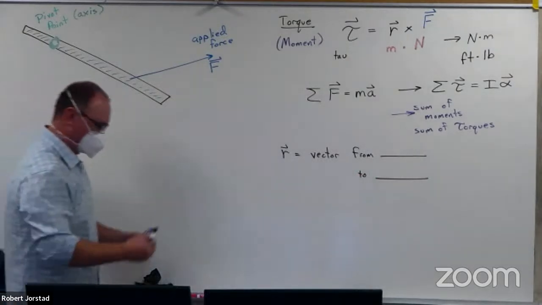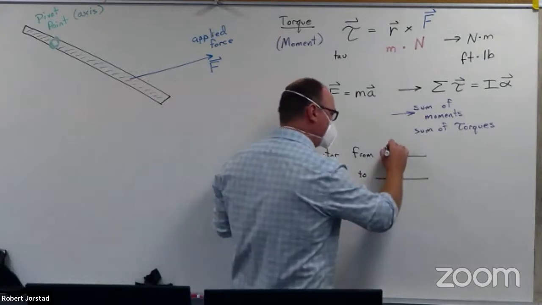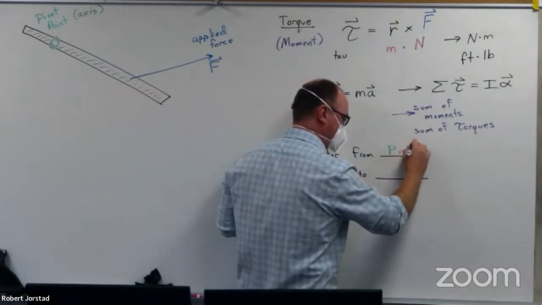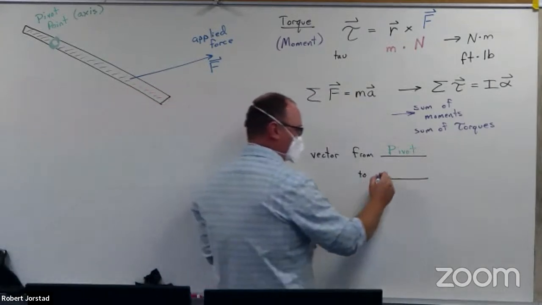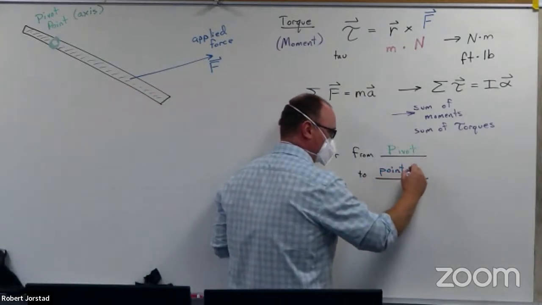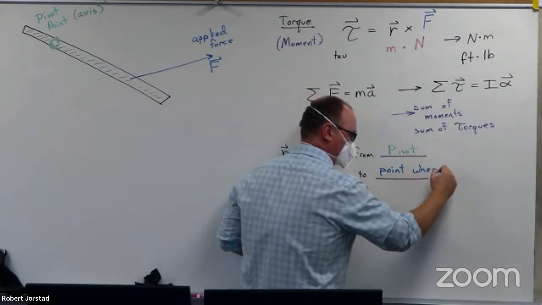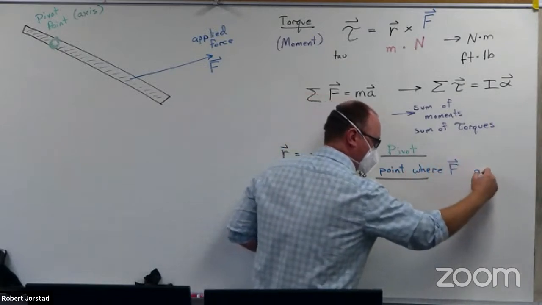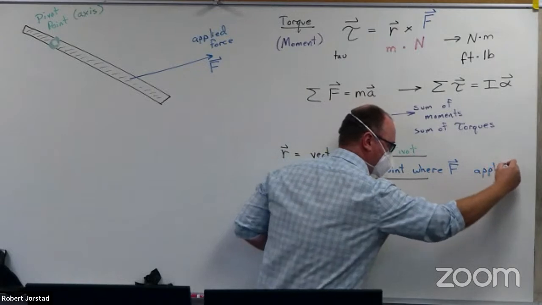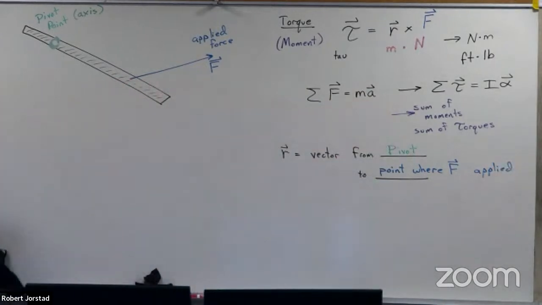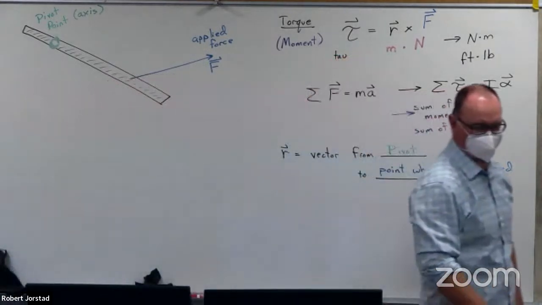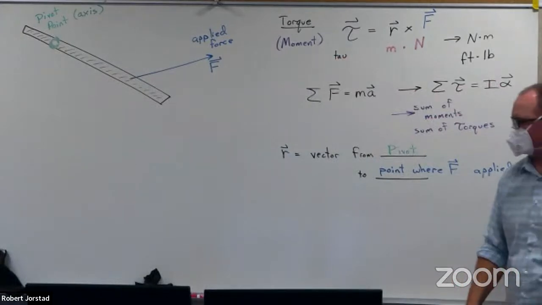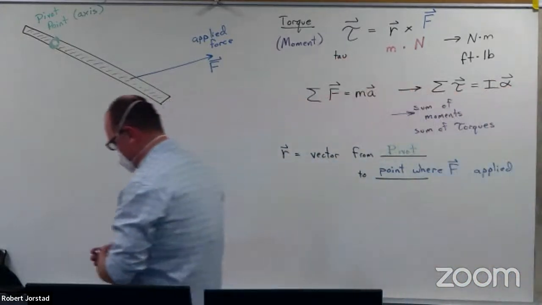Here, it's from the pivot or axis to the point where the force is applied. I'll get out of the way. Sorry, I'm right in the way. That is crucial. These are vectors. If you screw up a minus sign on one term, you screw up the whole problem and cry. Okay, we do not want to do that.